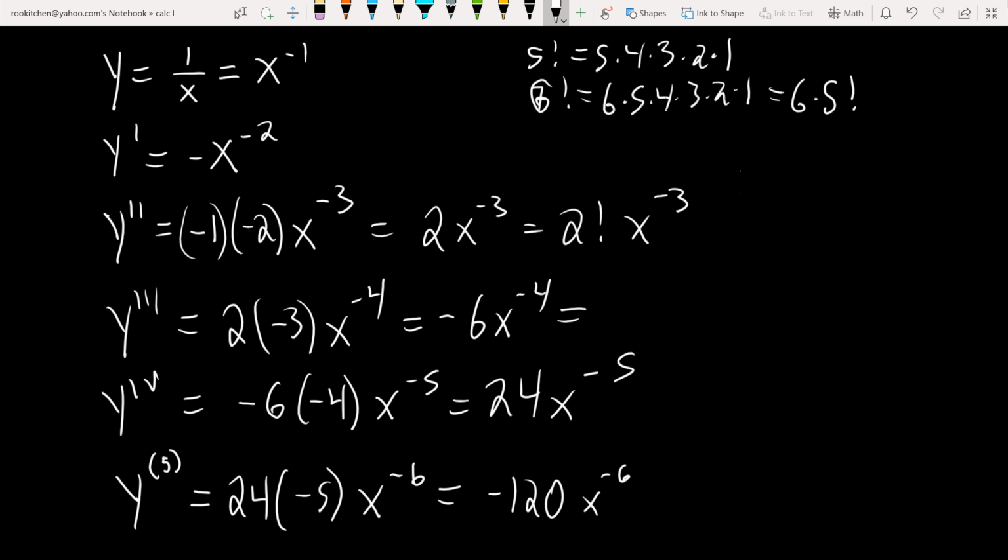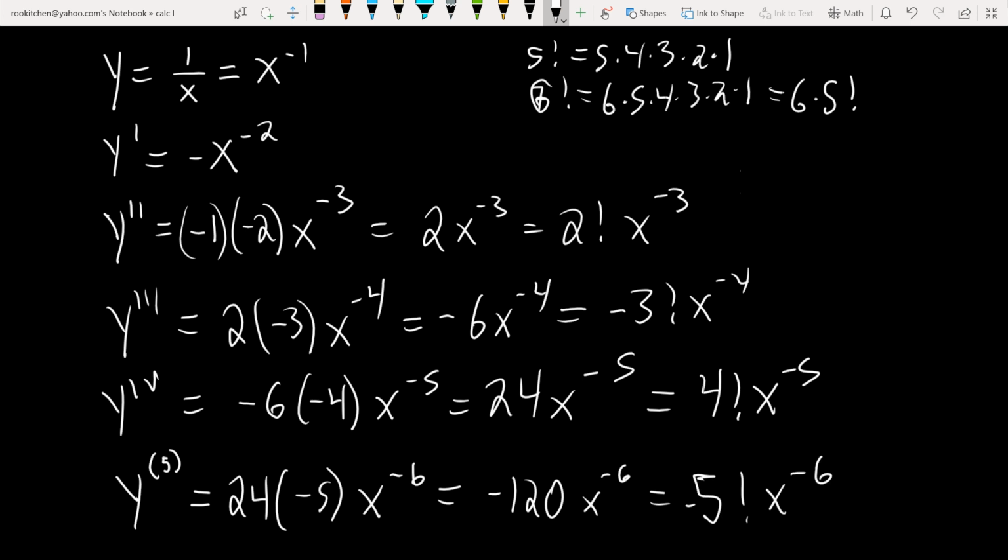So when you bring down the next term after taking the derivative, you end up with, in this third case, 2 factorial times 3, but that's really 3 factorial. So negative 6 is the same as negative 3 factorial x to the negative 4. 24 then is 4 factorial x to the negative 5. 120 is, in this case, negative 5 factorial x to the negative 6.